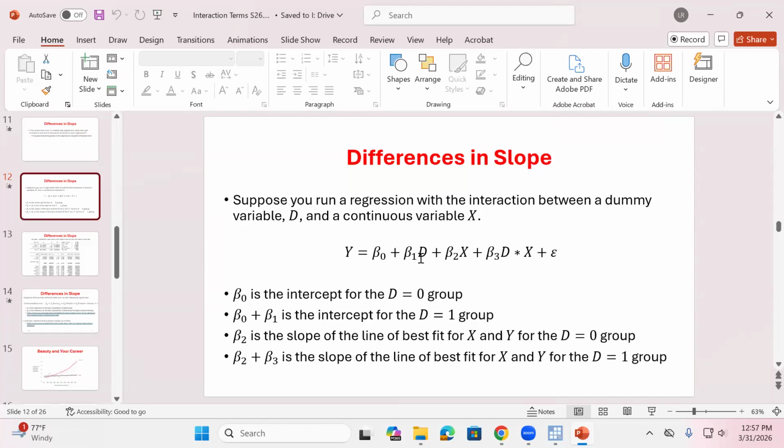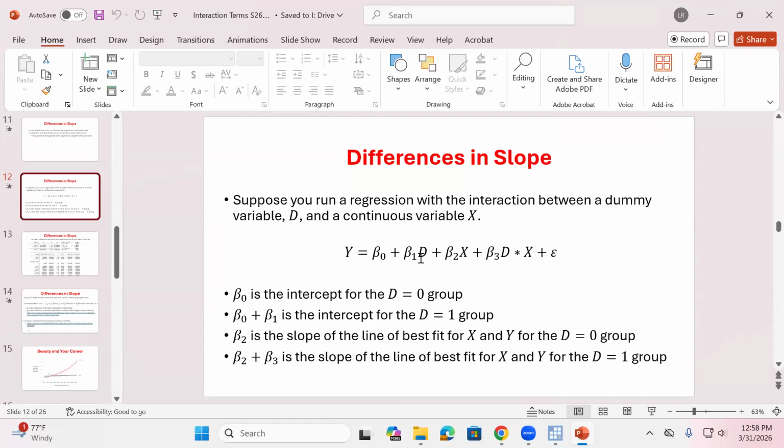Okay? So if I've got a marginal effect of this dummy variable equal to beta 1 plus beta 3 times the continuous variable, when will this be equal to 0? If I rearrange this equation a little bit, what value for that continuous variable will give me a marginal effect equal to 0?